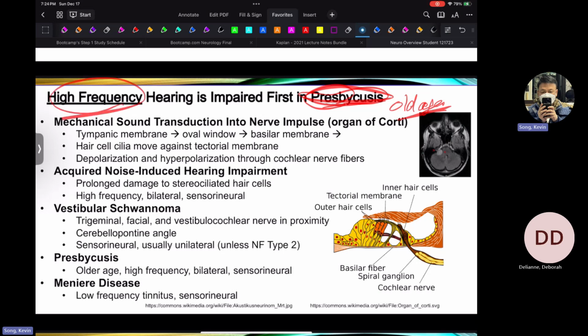Let me tell you a real story, which is kind of funny, but not so funny for old people. Young people can hear high frequency, but old people cannot. In high school, middle school, or even elementary school, kids can hear high frequency, but the teachers cannot.